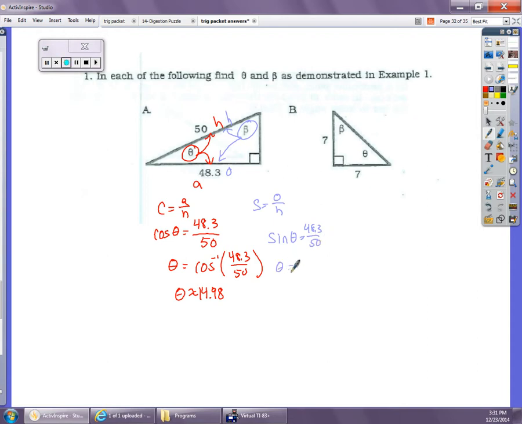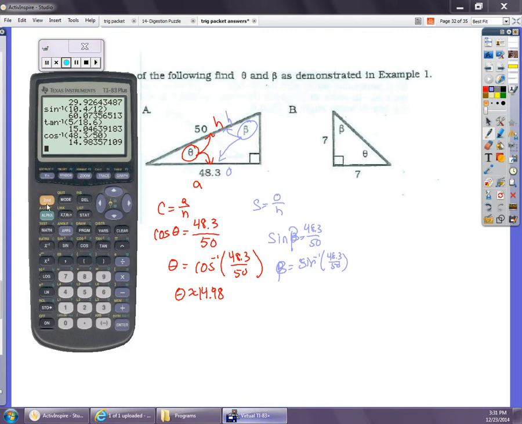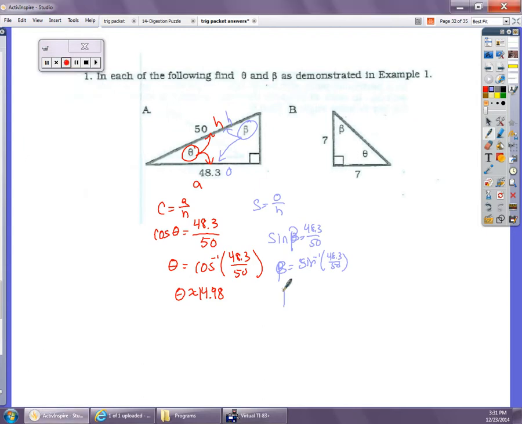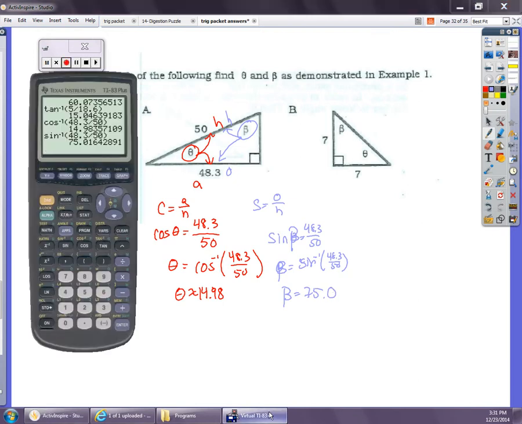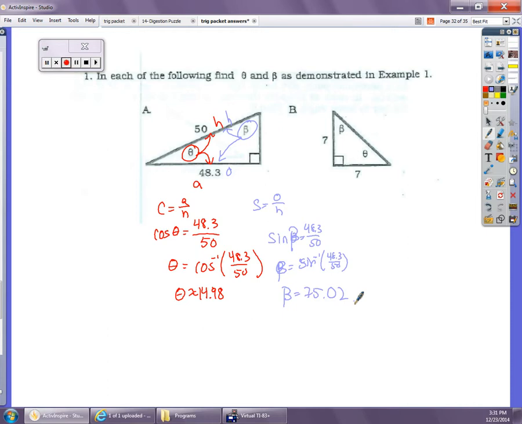So we just do the same thing. Inverse sine of 48.3 divided by 50, and it'll give us 75.02. Add those two numbers together, it will give you 90.